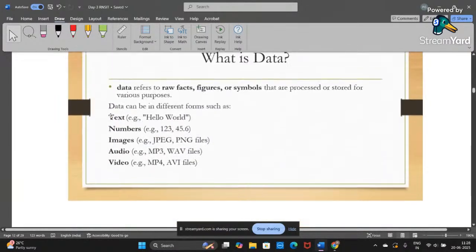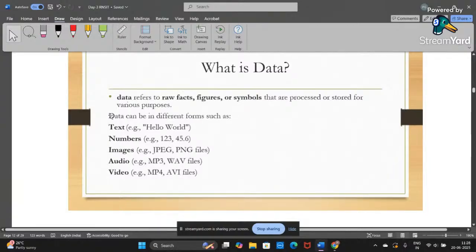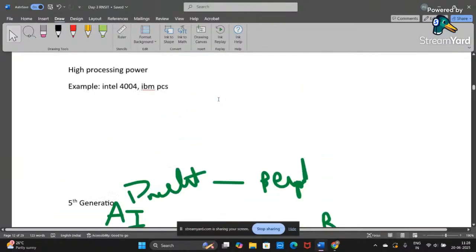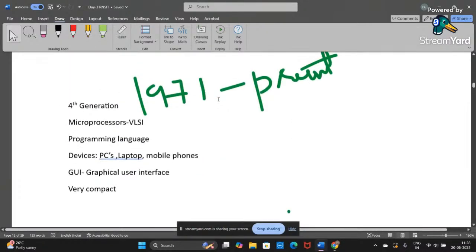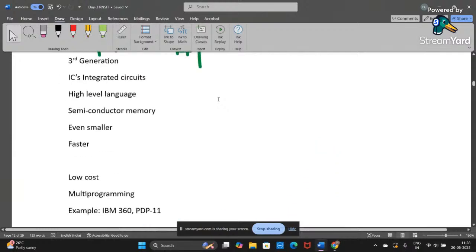This is also done. And data refers to raw facts like figures, symbols, images, audio, which are raw, they are called as data. Which are processed are called as information.